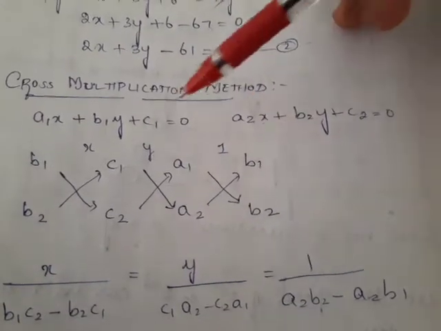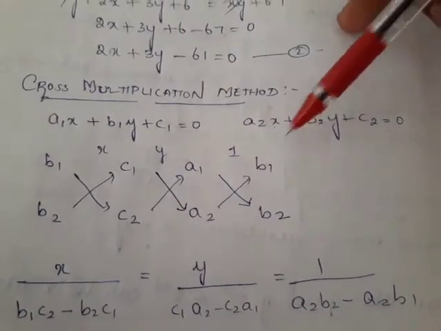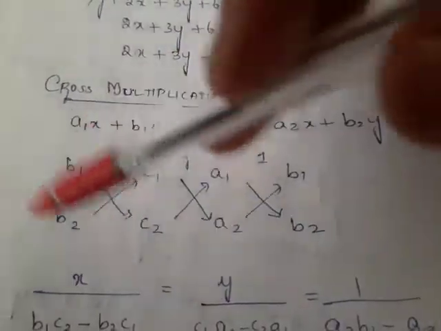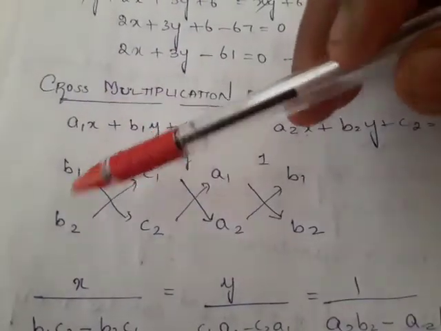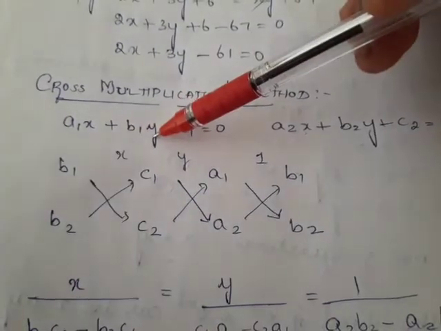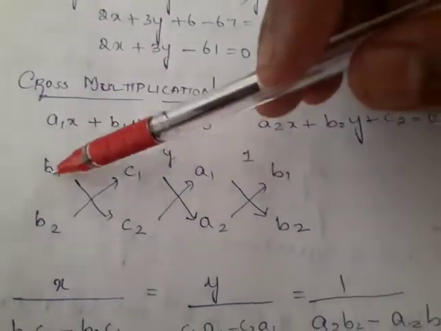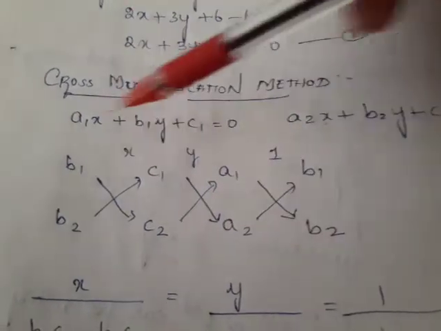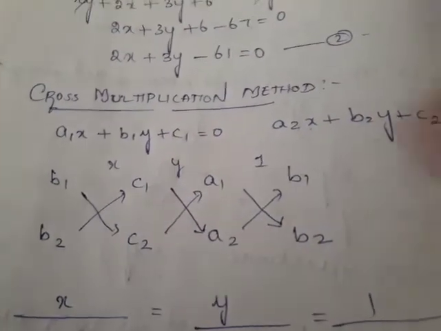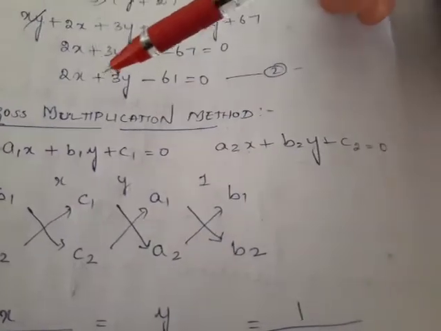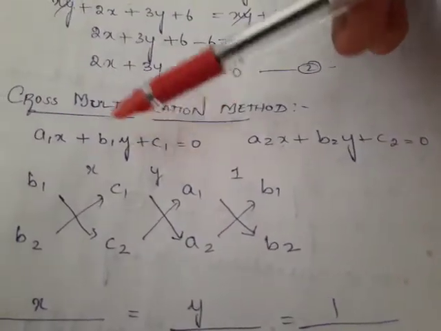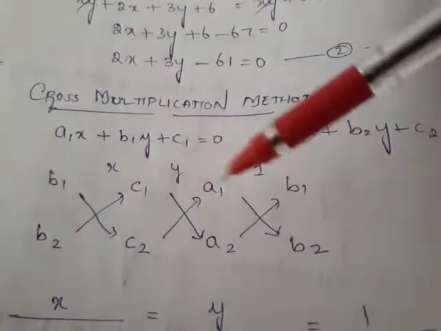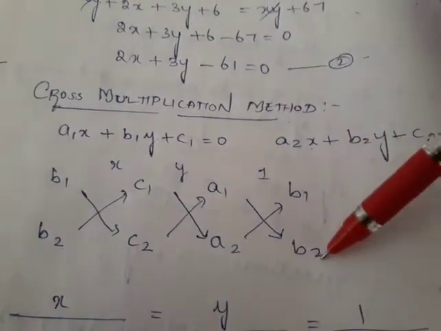After writing it in standard form, you have to frame a table like this. You have to start with the coefficient of y, b1 b2, then c1 c2, a1 a2, again b1 b2, like a cycle.